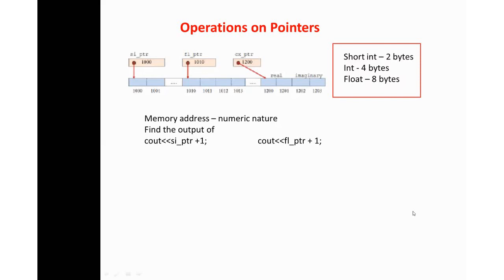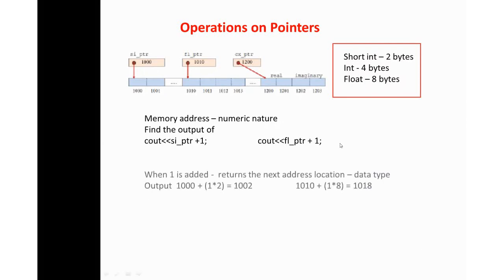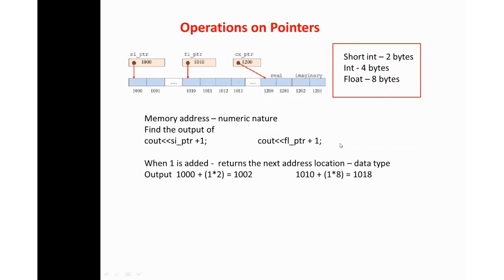Now for example, just take these examples here. cout si_ptr plus 1. How this operation takes place, I have given you a neat explanation. Just listen to this. When 1 is added, it returns the next address location.